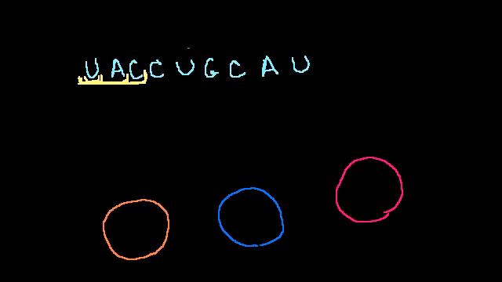So let's say this amino acid is attached to a tRNA molecule that has the code on it, A, U, G. And this one right here has the code, let's say, G, G, A, C.